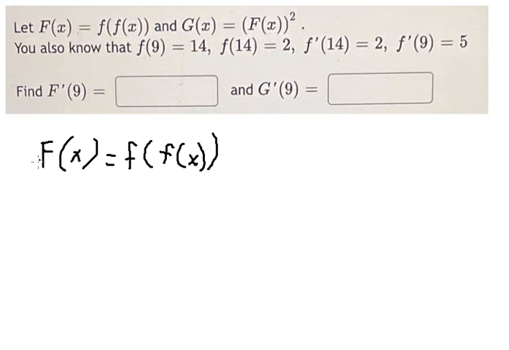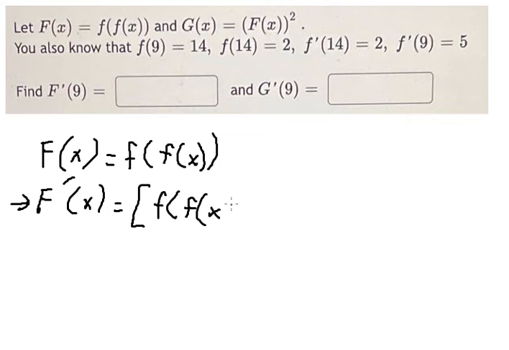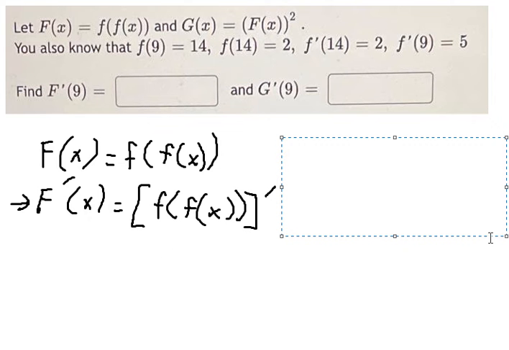So we need to do first derivative for both sides. Next, we can apply the chain rule.